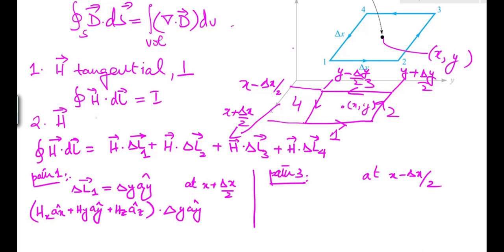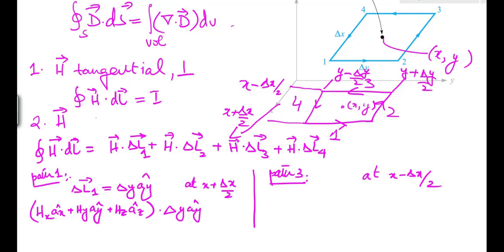The component of the magnetic field intensity which is tangential to this path will be present here. And what is that tangential component? It is Hy. This Hy component is the only one tangential to this y, and even if you solve this dot product, you will again obtain only the Hy component.